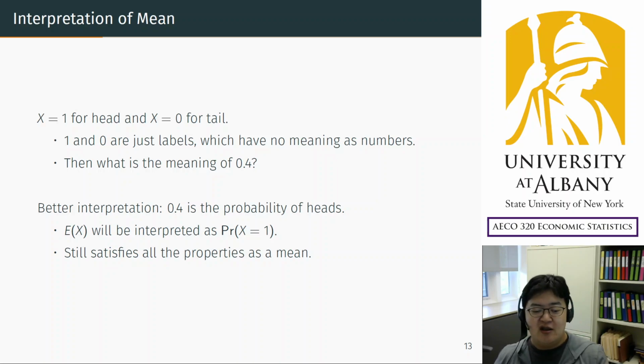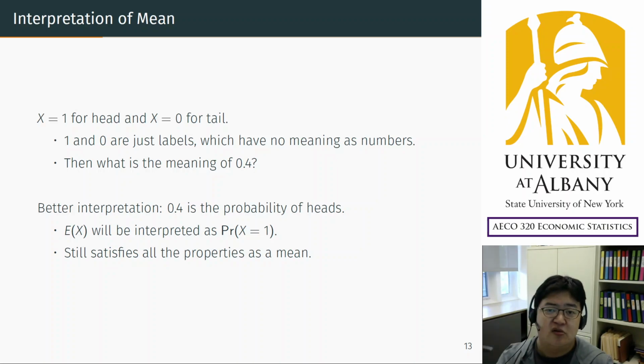In between heads and tails, there is nothing. So then, how can we interpret that? You should interpret the mean as the probability of success. We just learned the mean is always the same as the probability of success.